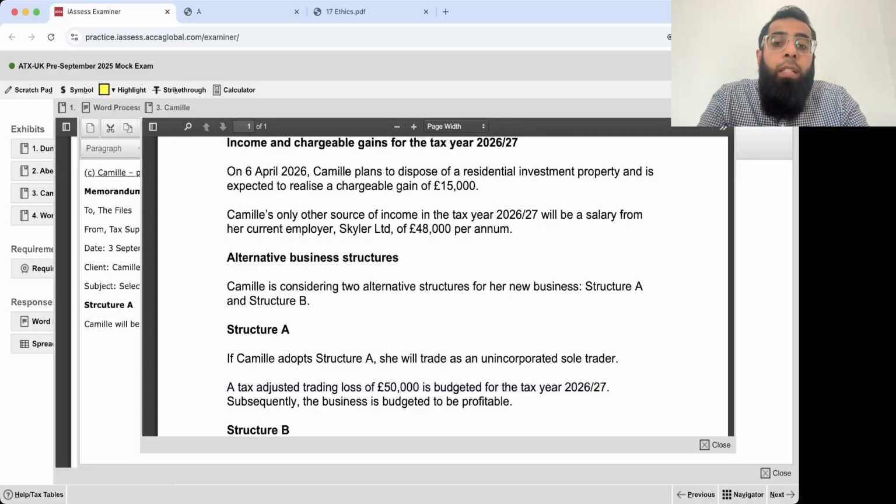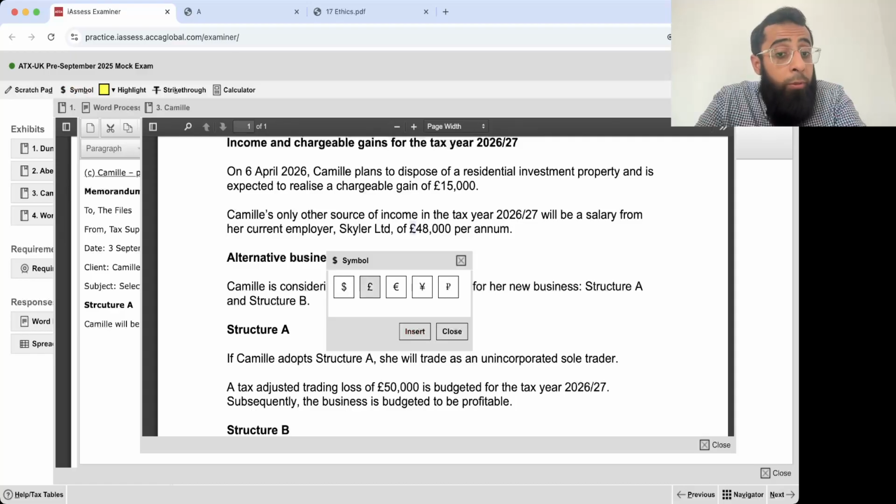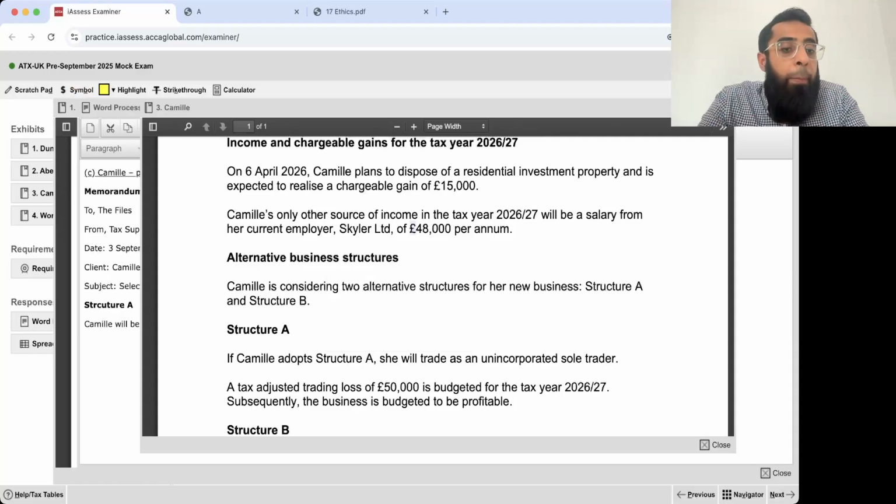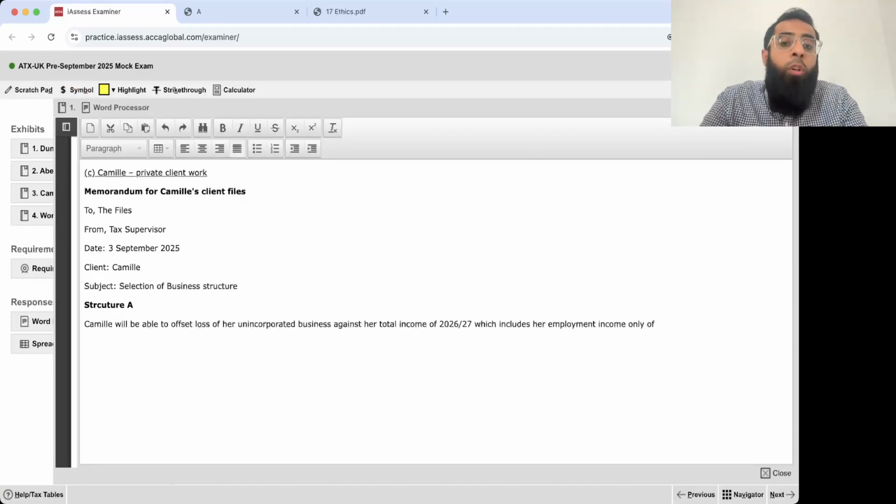Her employment income is 48,000 pounds. Let me copy the pound sign; otherwise you can always add the pound sign through the symbol column also. Now Camille will be able to offset the loss of her unincorporated business of £50,000 against her total income of 2026-27, which includes her employment income only of £48,000.